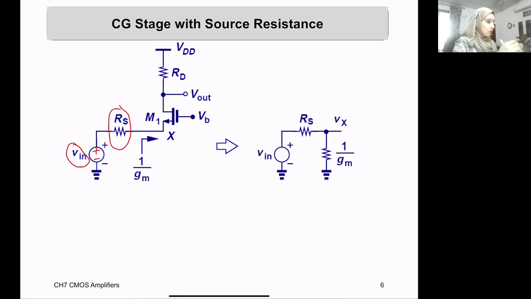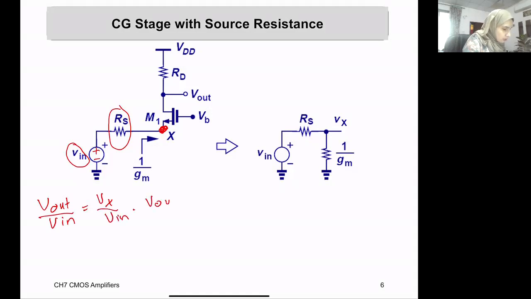The first is you go from Vin to this node Vx, and then from this Vx to the Vout. So Vout over Vin will equal Vx over Vin times Vout over Vx.